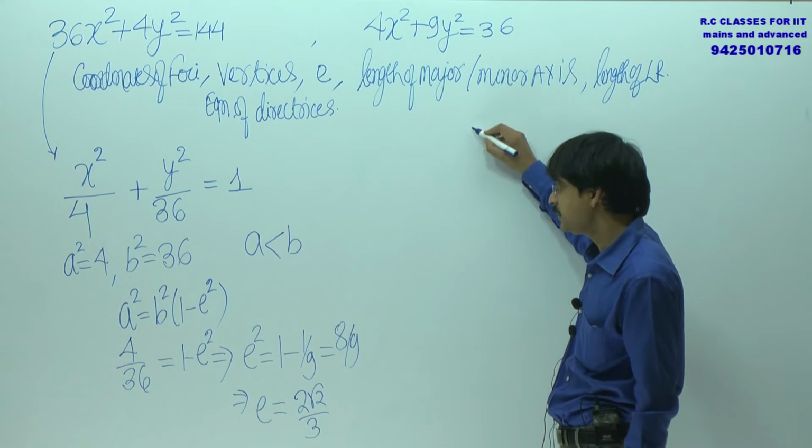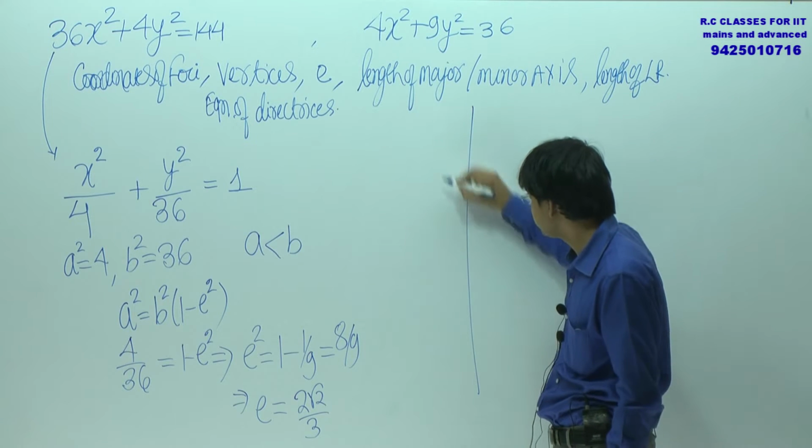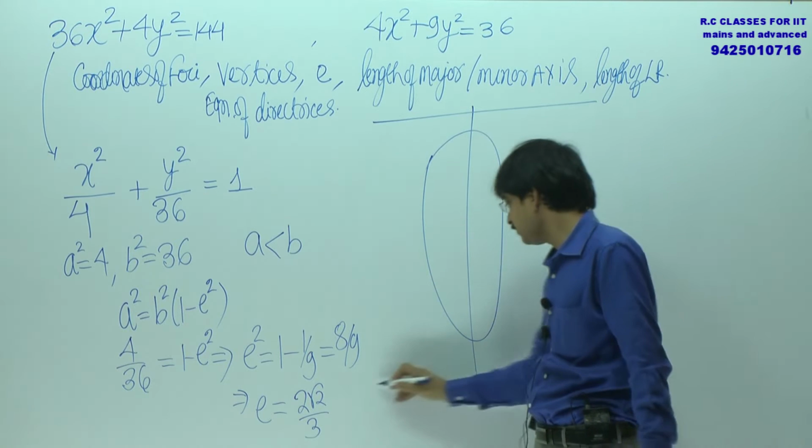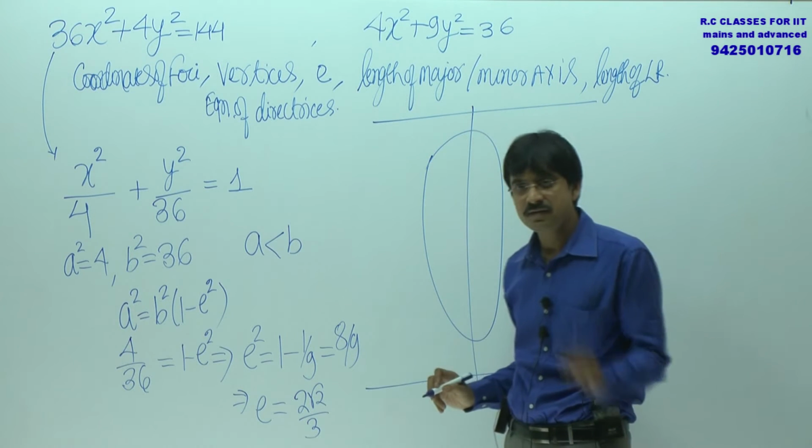वर्टिकल एलिप्स एक सीधी सी बात है. तो वर्टिकल एलिप्स से major axis is clearly y axis.